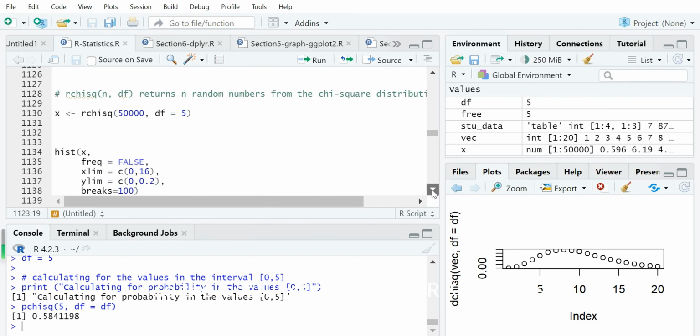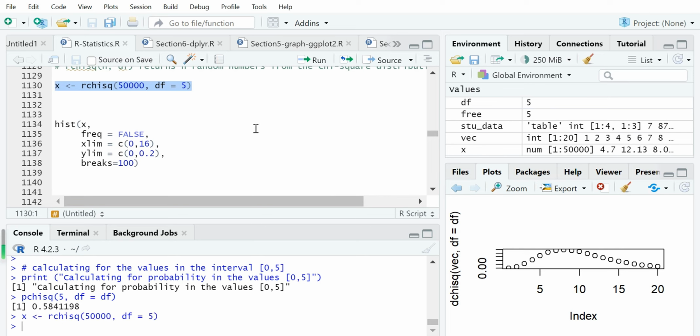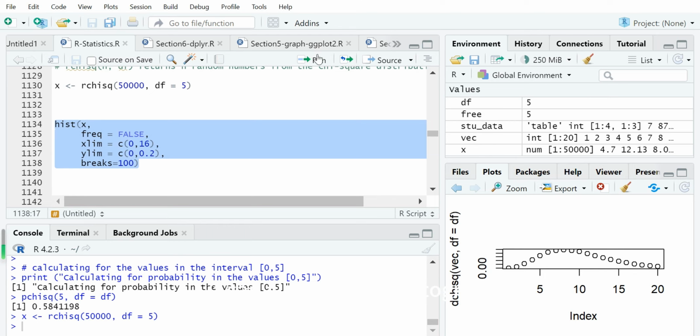The last function is called rchisq. It is very easy to understand. We just generate random numbers from a chi-square distribution. Because the chi-square distribution has degrees of freedom 5, we create 50,000 such random variables. You can also plot them in a histogram.